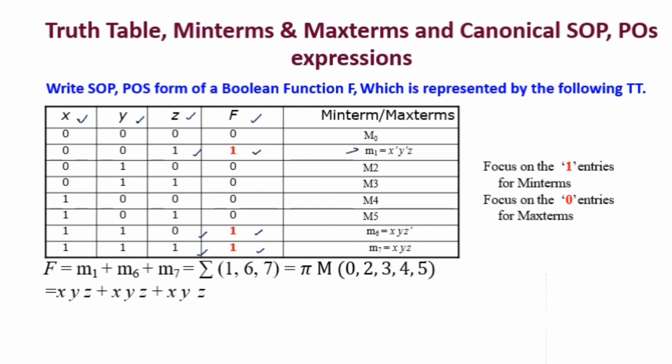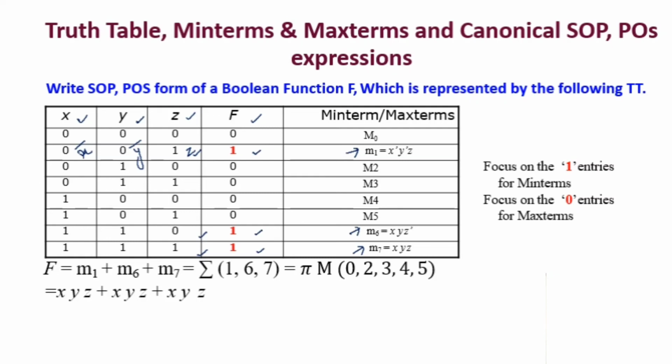Minterms are denoted by small m and maxterms are denoted by capital M. So this is written here x bar, y bar, z, because here x is equal to 0, so I am taking it as x bar. Y is also 0, so y bar, but z is 1, so I will be using z. So this becomes x bar, y bar, z.